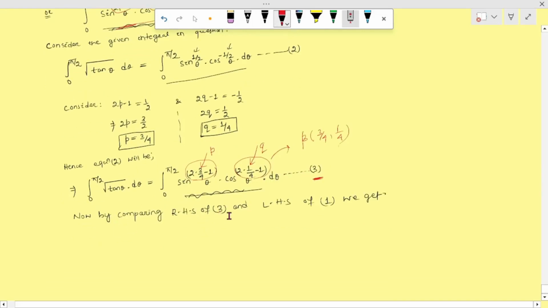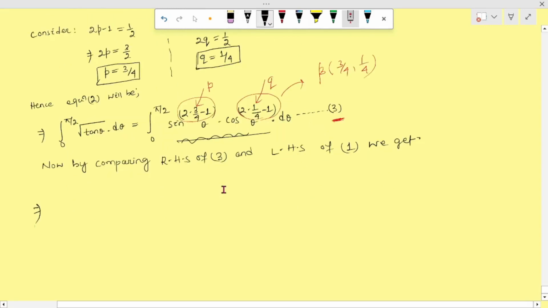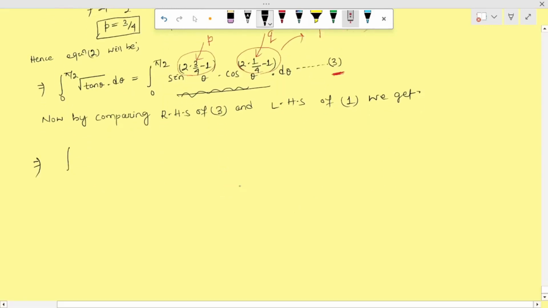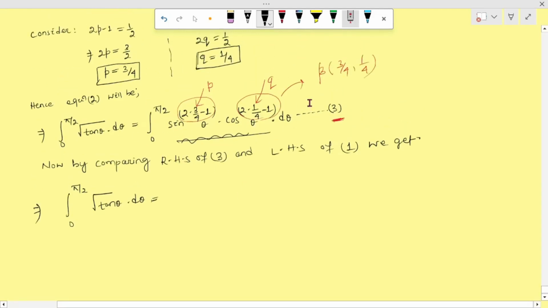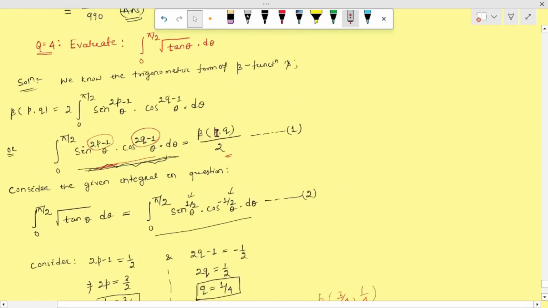Now by comparing RHS of equation number 3 and LHS of equation number 1, we get what? That implies the integral from 0 to pi/2 of root over tan theta d theta will be equal to, here this integral will be beta 3/4, 1/4 instead of beta pq, and by 2 also we have to write.